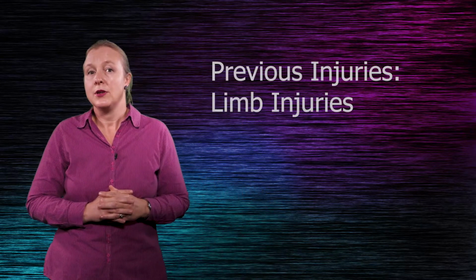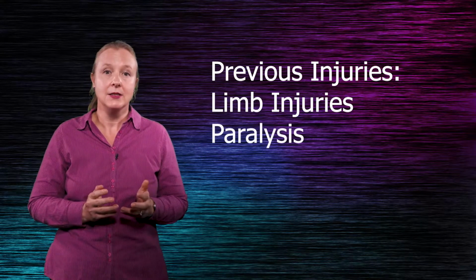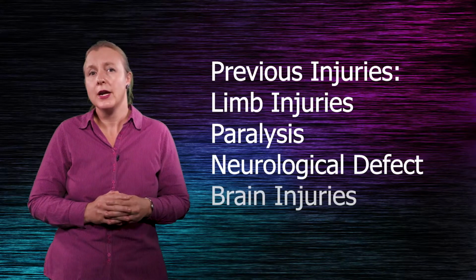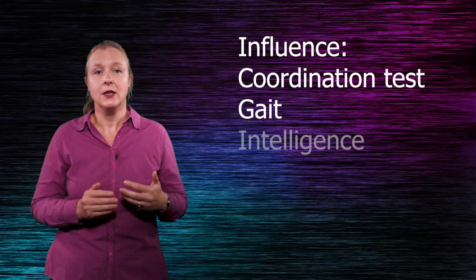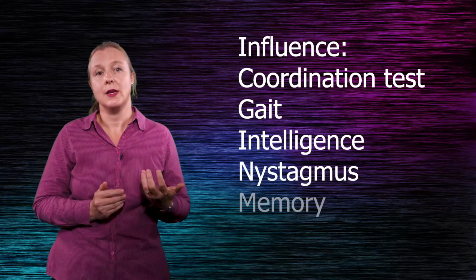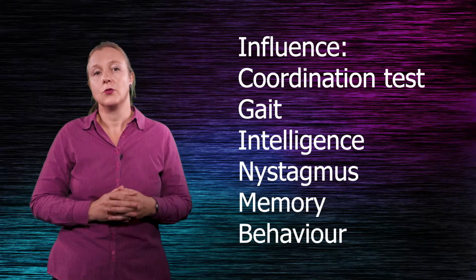Asking about previous injuries is important. Previous limb injuries, paralysis, neurological defects, or brain injuries may influence the coordination test, the gait, intelligence, nystagmus, memory, behavior, and so forth. Previous surgery, such as gastrointestinal tract operations, shortening the gut, could influence the alcohol absorption, and therefore the blood alcohol concentration may peak earlier.